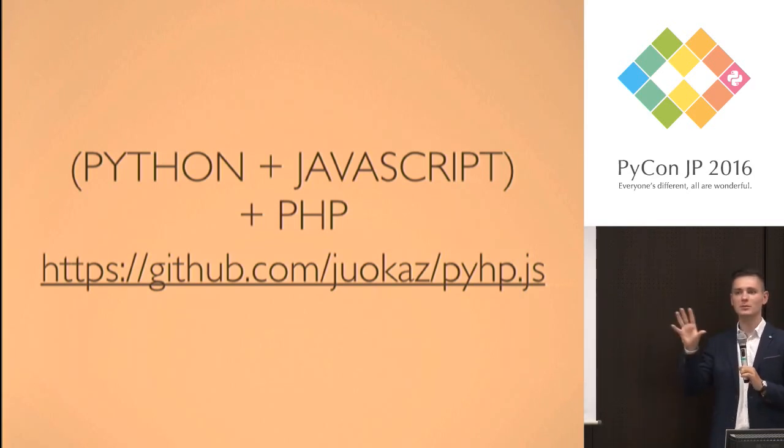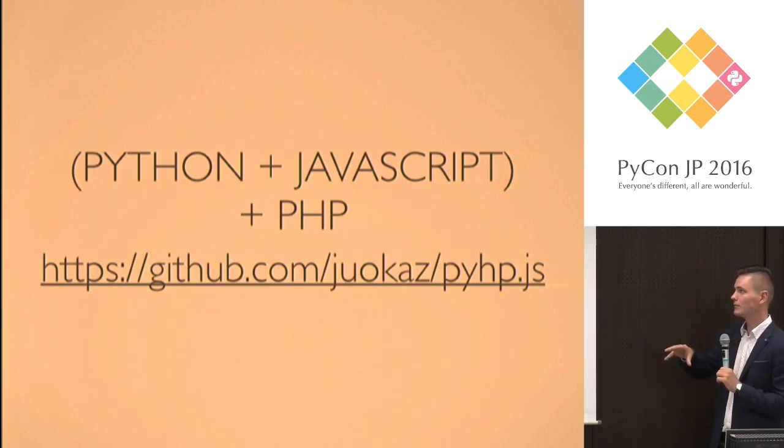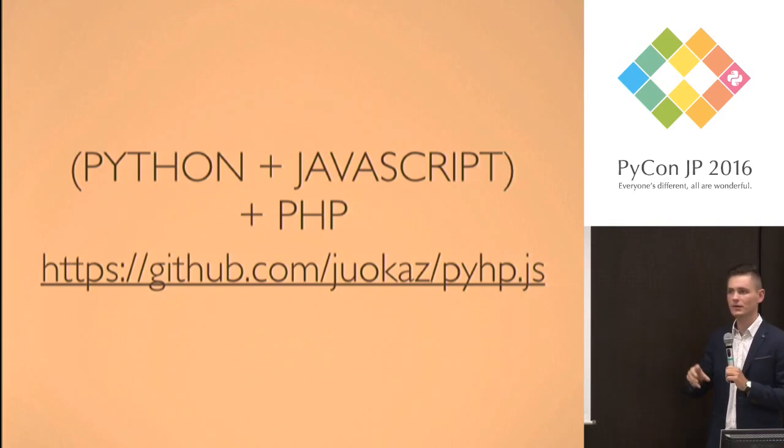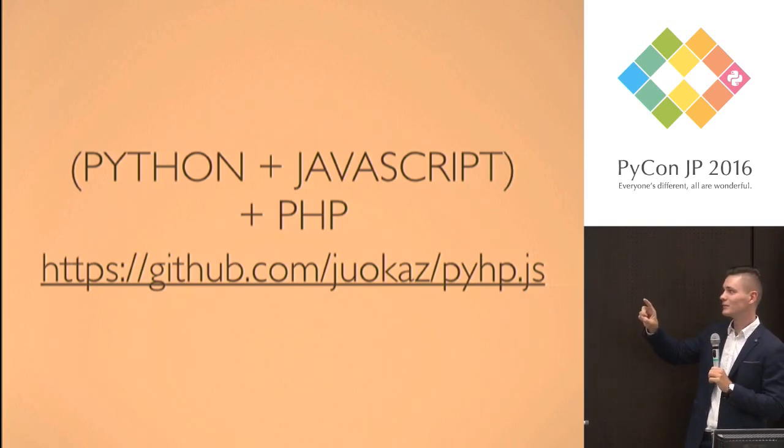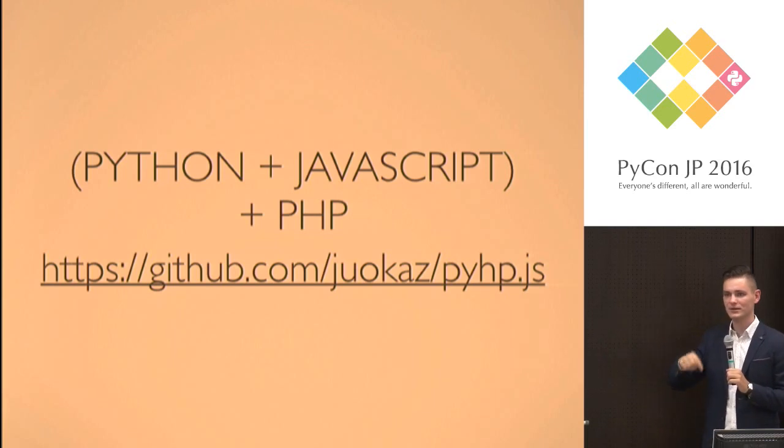It's not emulating Python functionality. It's an actual VM running in JavaScript, and it has its own output buffering. It has its own memory allocation. And if you truly tried it really hard, you could run PHP scripts in a browser, and all of it is somehow magically powered by Python.